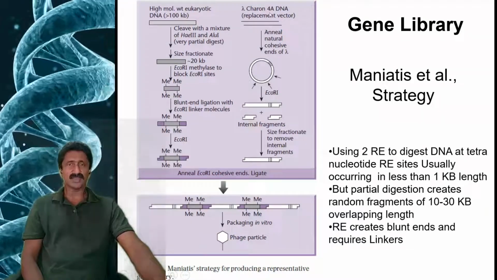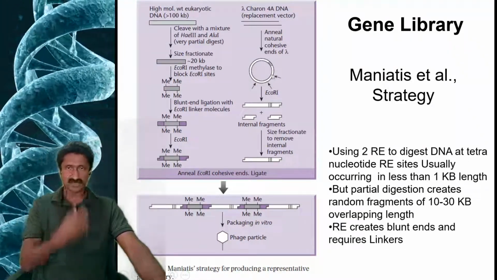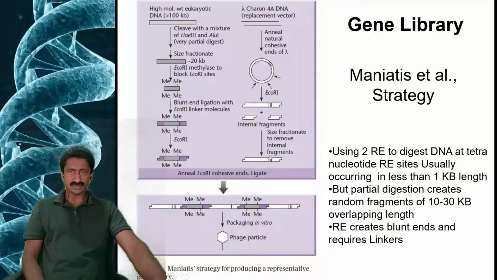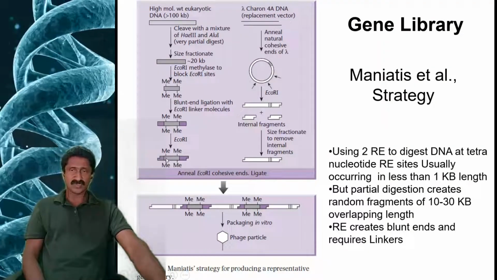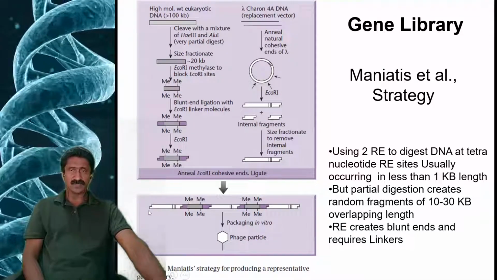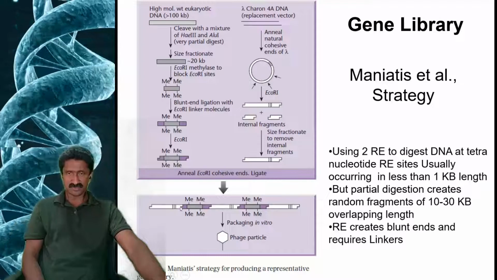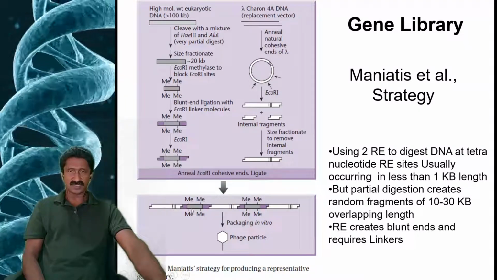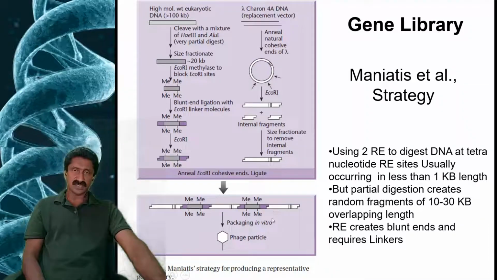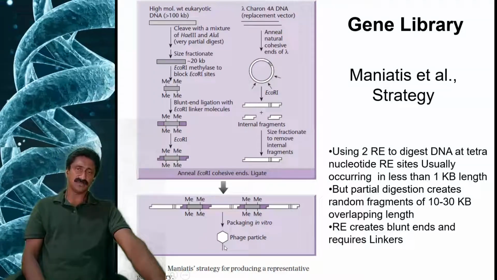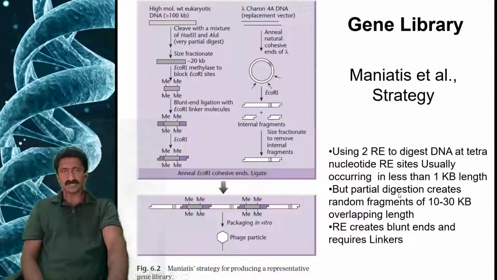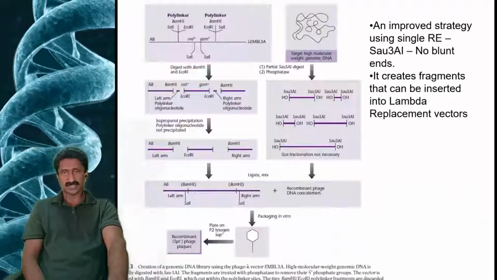And here we have the lambda vector, which is opened with EcoRI. The EcoRI-digested lambda vector is annealed with the cohesive ends created by addition of the linker. That will create a concatemer. This is the vector, this is the DNA construct, and this can be packaged into a phage particle. So this is how a genomic library is generally prepared using the Maniatis strategy.